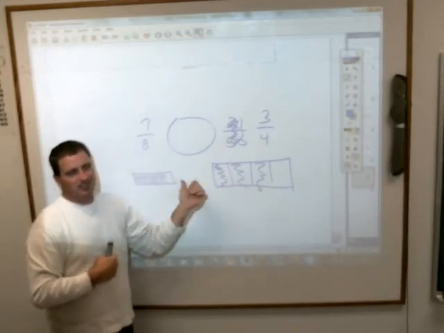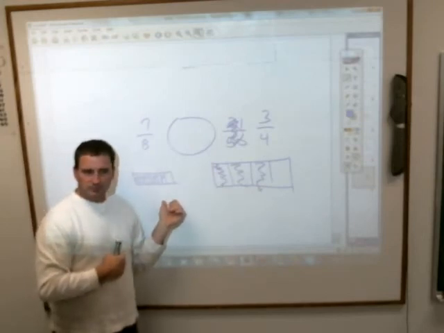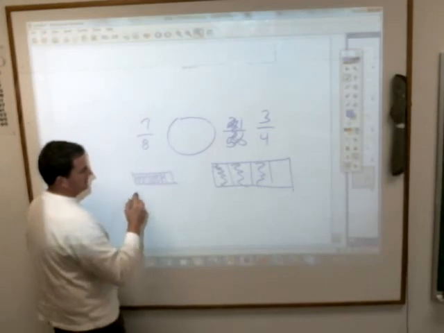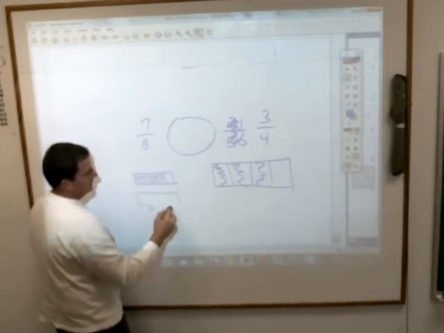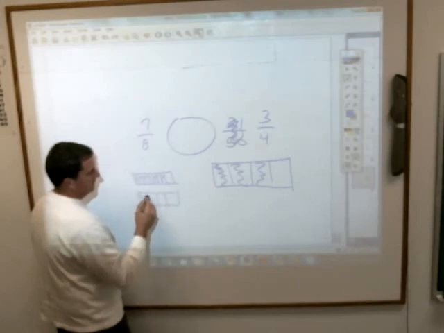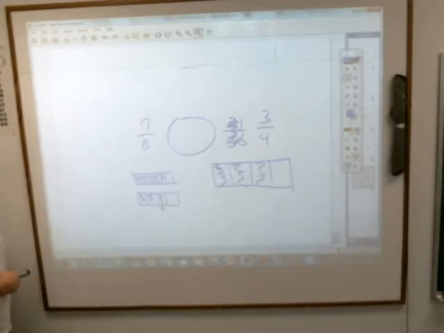That's why this is only good for so long in the 5th grade world, and then we go on to bigger things. Had I made the 3/4 box the same size, you can tell 7/8 is going to be a little bit bigger, but we'll talk more about that later. I don't want to confuse you any more than I already have.